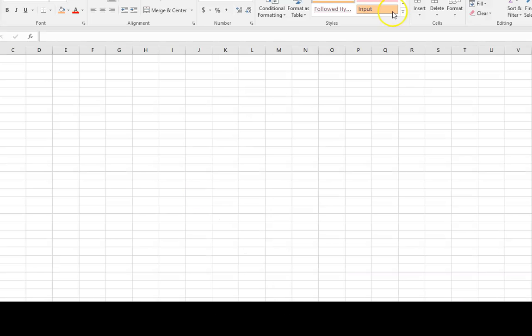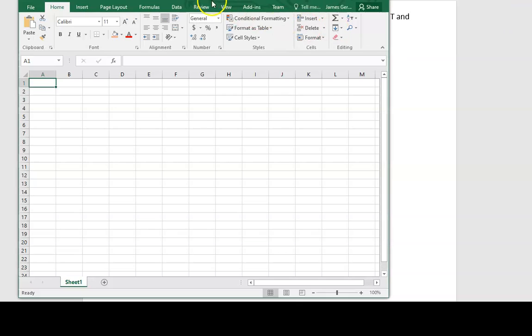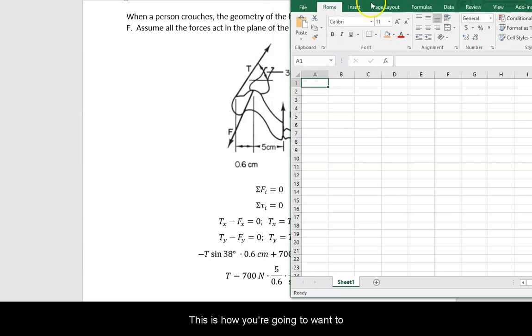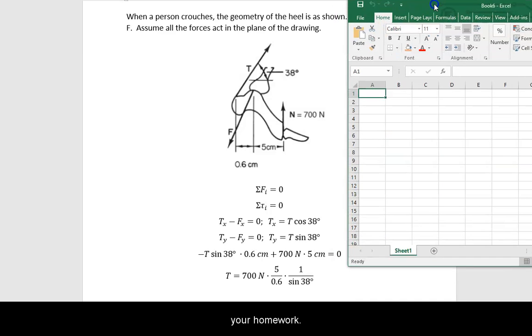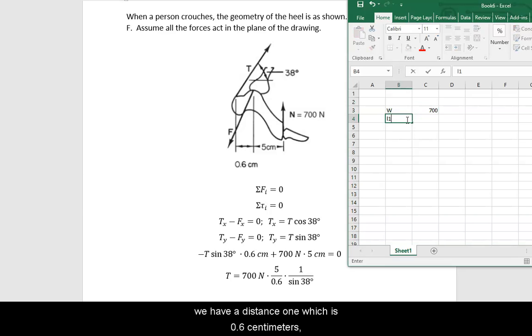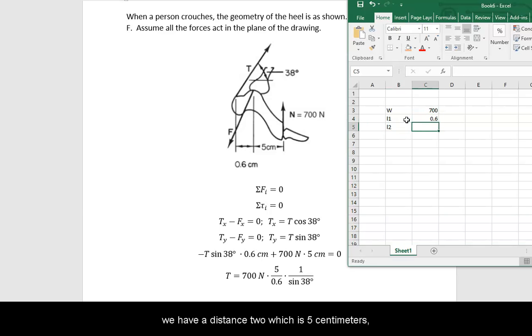Let's take a look at this, and this is how you're going to want to do your homework. We have the weight, which is 700 newtons. We have a distance 1, which is 0.6 centimeters. We have a distance 2, which is 5 centimeters.